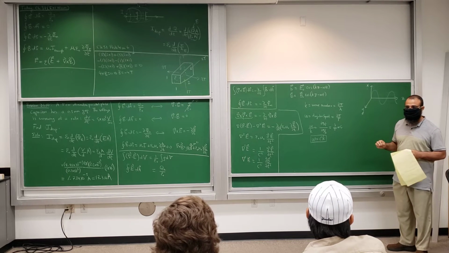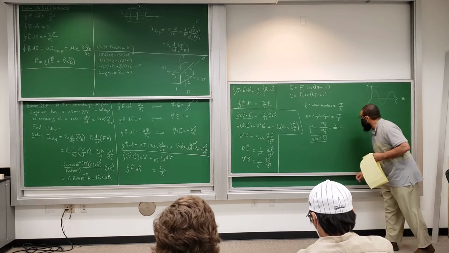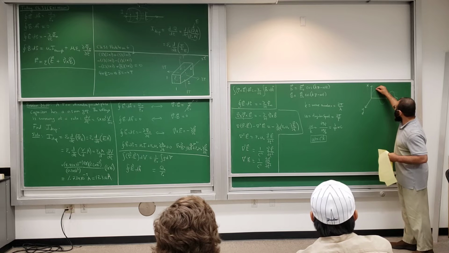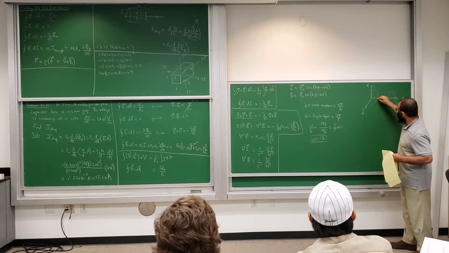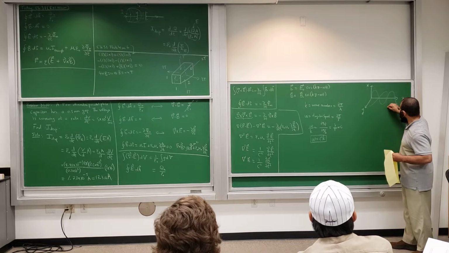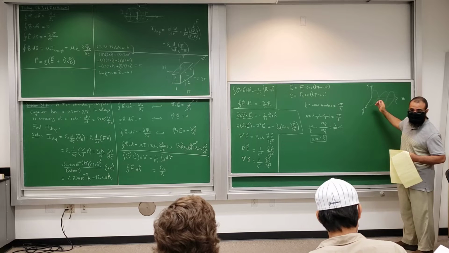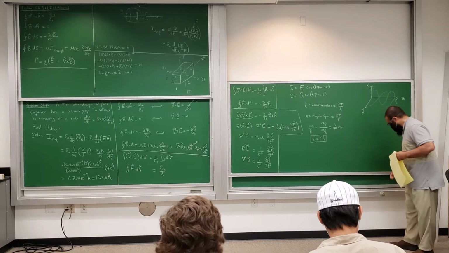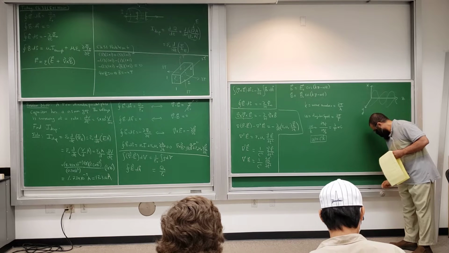Also, for the sake of time, I don't want to spend too much time on that. So this is E, and the magnetic field is in the y direction. The electric field is in the x direction, and they propagate in this z direction.